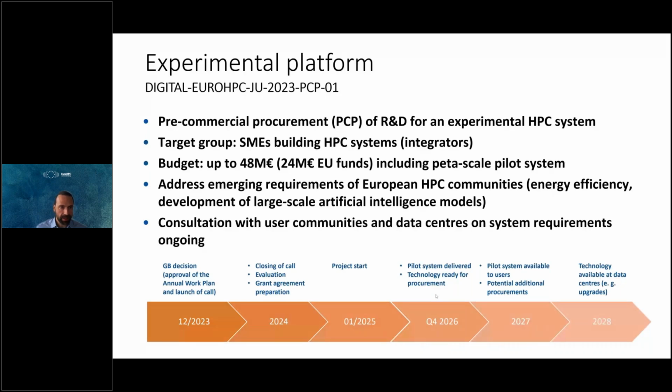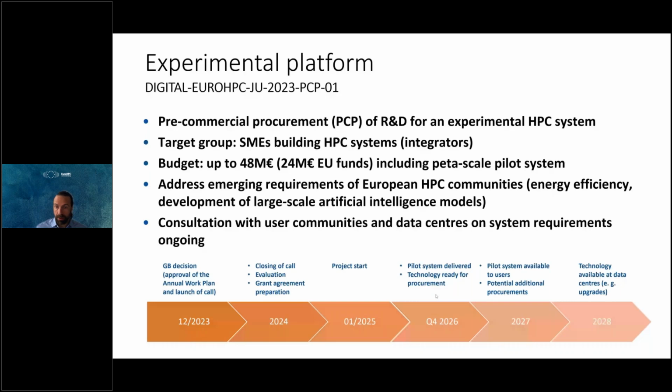The idea of this is to design a pilot system that addresses the emerging requirements of the European HPC communities. This is in particular energy efficiency and the rapidly evolving area of large-scale artificial intelligence models, large language models, for example. And to run and train those models in an energy efficient way could be one of the objectives of this initiative.